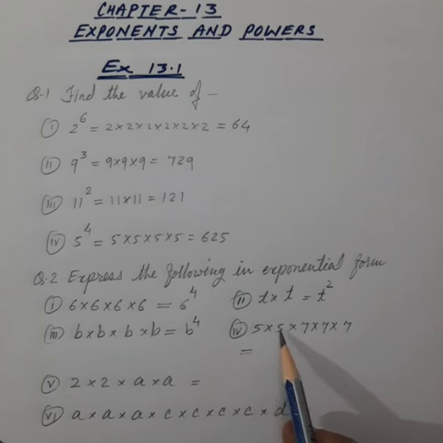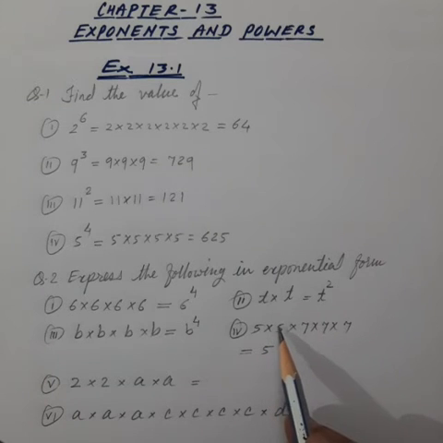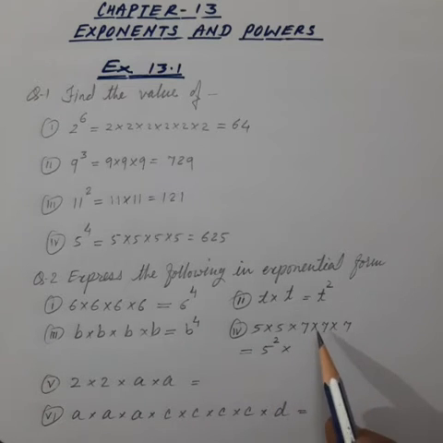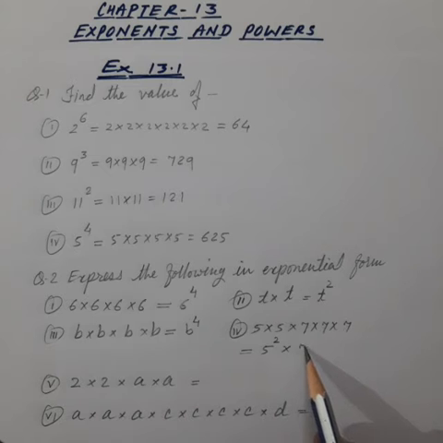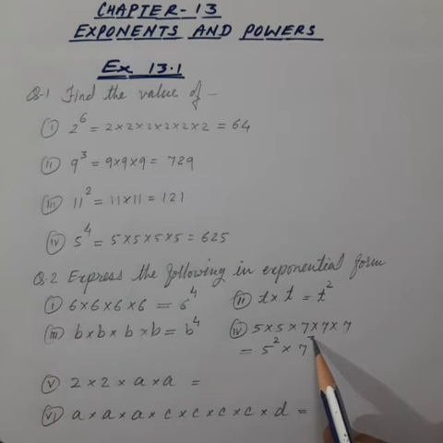So here base is 5. 5 is multiplied repeatedly by itself 2 times. So power is 2. Now in this multiplication, 7 is repeatedly multiplied. 7 is the base and 7 is repeatedly multiplied by itself 3 times. 7 raised to the power 3, or we can read it as 7 cube.